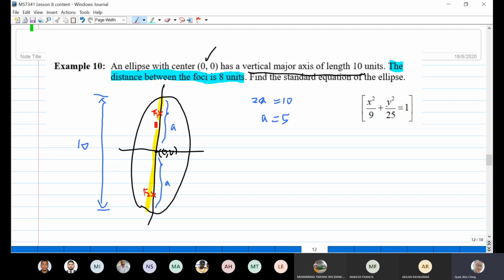The distance from the center to the focus is c. So 2c is equal to 8, the distance between them. So c equals 4.